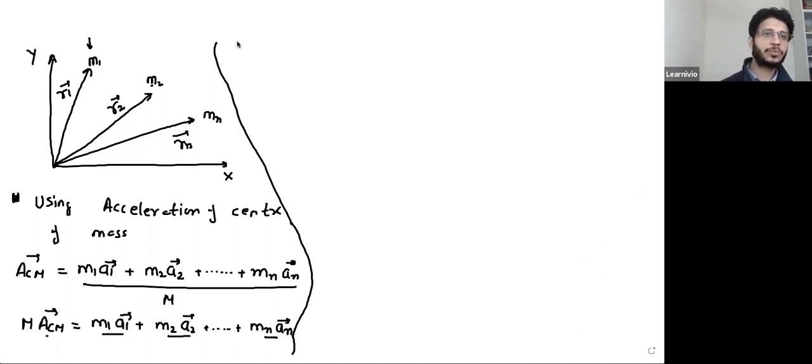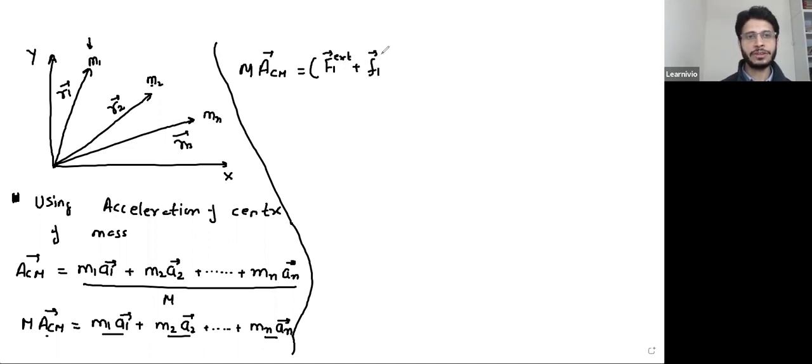So let's prove that this a_CM will depend only on external force. As we have discussed, the motion of an individual particle will depend upon external as well as internal force. So I write m1a1 as F1 external, the external force on the first particle, plus F1 internal, the internal force on the first particle.